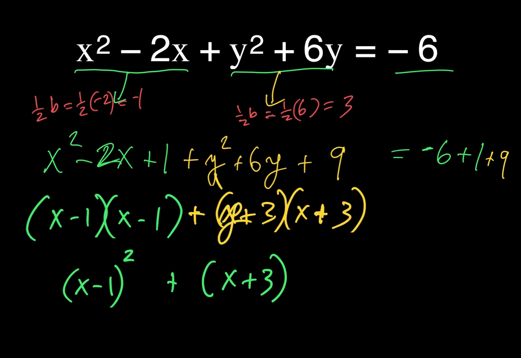Sorry about that. Just get so much in the habit of doing x's all the time. It's y plus 3 squared. And then over here I have negative 6 plus 1 is negative 5. Negative 5 plus 9 is 4. So that equals 4. Now I have a circle in standard form.